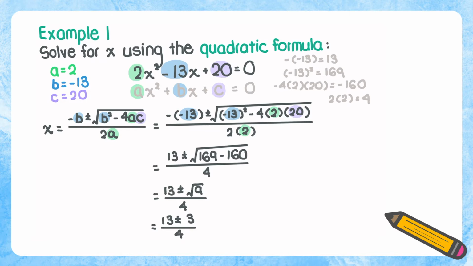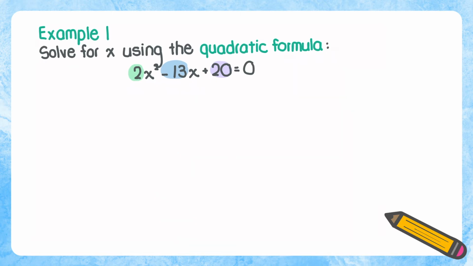And since I have a plus or minus, that means I'm going to have two potential solutions for x. So let me erase all of this and go on to the next part. Go ahead and pause the video if you would like to review the steps up to here. So I have two potential solutions for x.